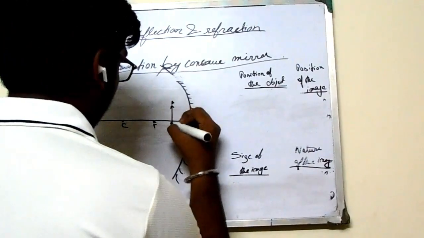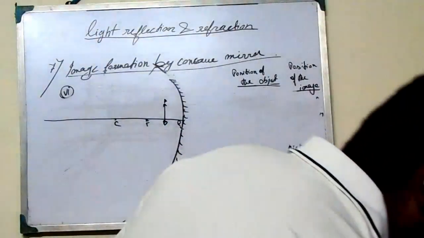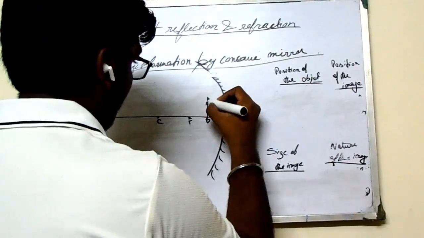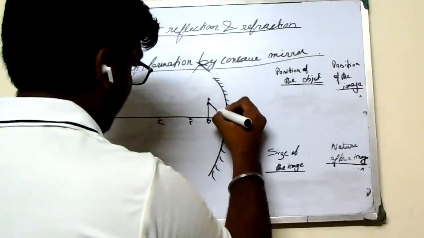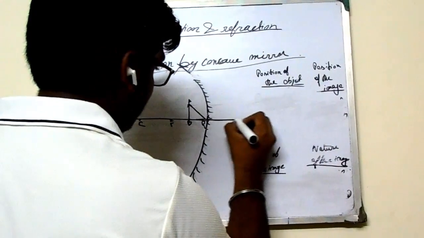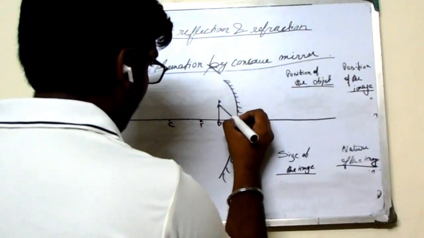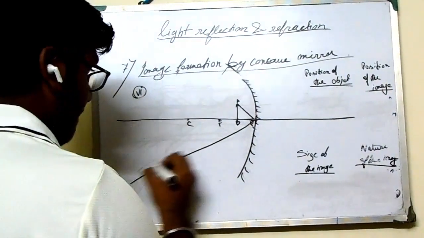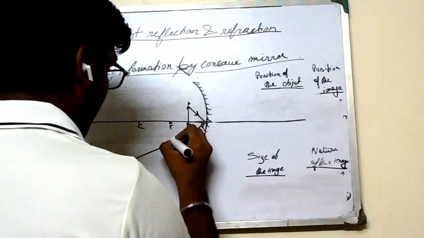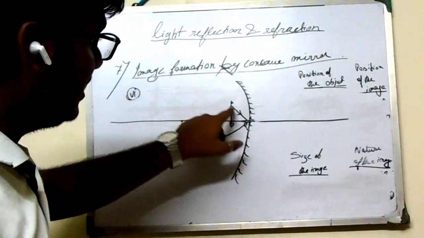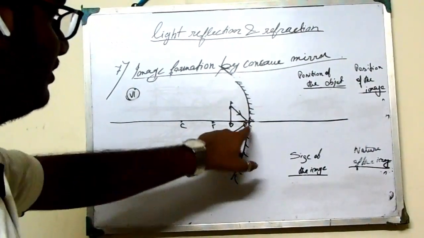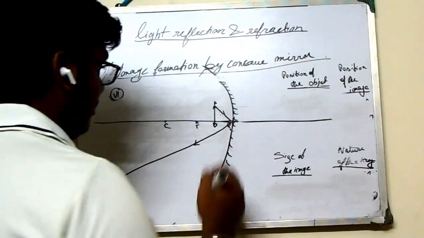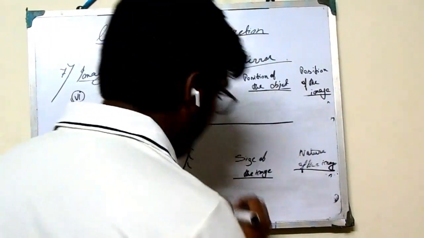A, B. Let's extend this one: the second ray, the incident ray, the reflected ray.